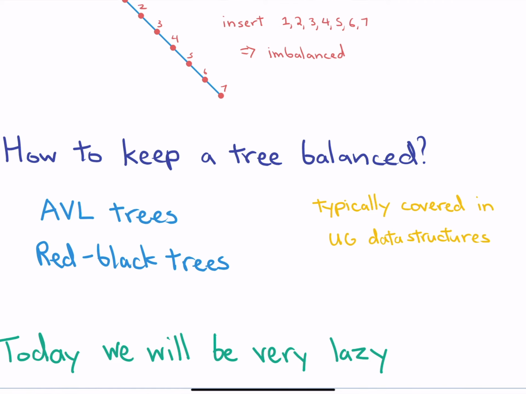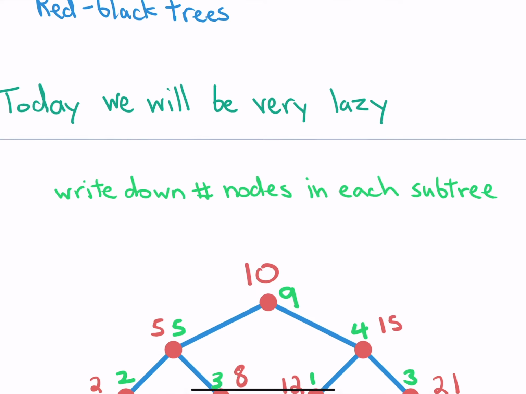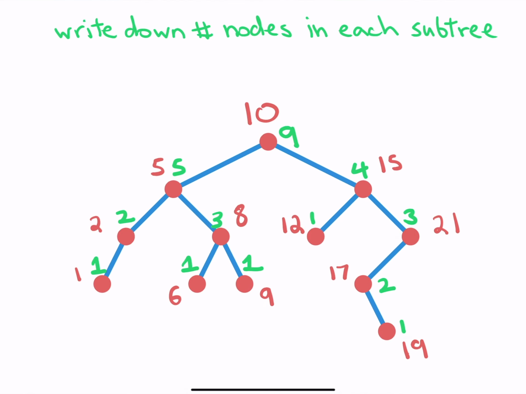So what's the laziest way to keep a tree balanced? Roughly, every time I notice that it's very unbalanced, I'll rebalance it. That's going to be the main approach. So what are we going to do technically? We're going to do just a regular binary search tree, inserting keys at the bottom and stuff like that, nothing clever. But as I do, I'll keep track of the number of nodes in each subtree.